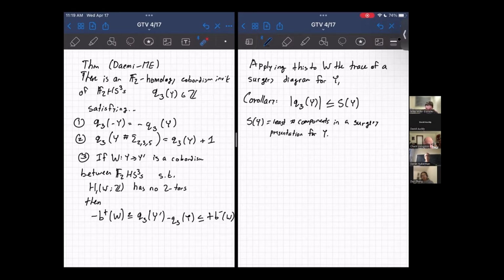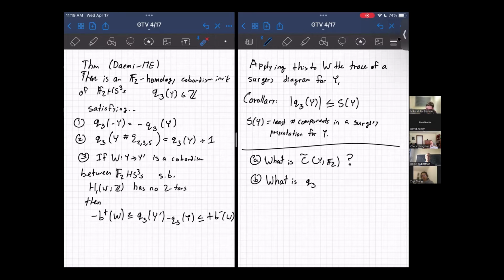What I want to spend my time today talking about is, first off, I'm saying this is extracted from a certain complex. I want to say what that is. Try and communicate that to some degree. Secondly, I want to try and communicate what Q3 is, how we extract this integer from that complex, what the analogy is to this perspective I was mentioning on the H invariant.